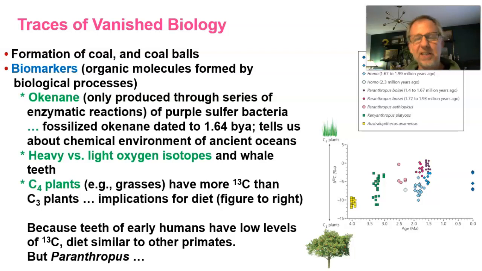So the point here is, again, we can use the biomarker of the type of carbon isotope that's in the fossil to ascertain what kind of plants the animal was eating. Pretty cool stuff.